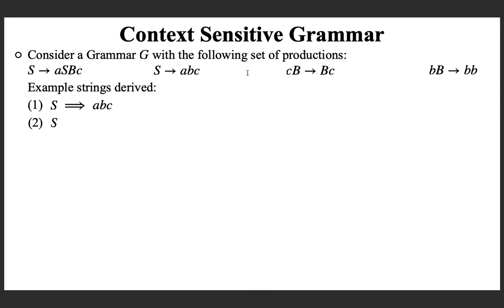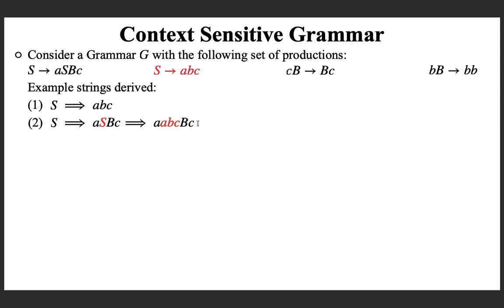Now in the second derivation, you start with the start symbol. Now I am applying production number 1, so I am replacing capital S with the RHS of this production. Now suppose I apply the second production for S here, so this S will be replaced with small abc.